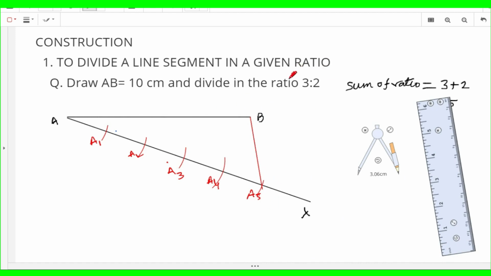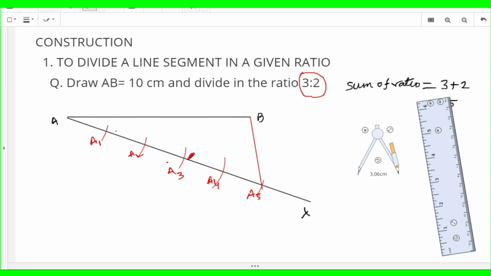Now you have to divide in the 3:2 ratio. Here on this line we have taken 1 2 3 4 5, so this is already in 3:2 ratio. If we consider the point A3, 1 2 3, this side is 3 and this side is 2. So this point A3 divides the line A to A5 in the ratio 3:2.